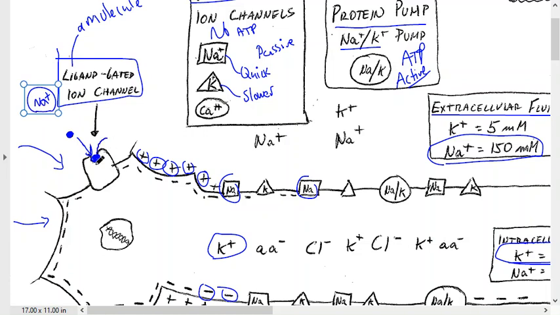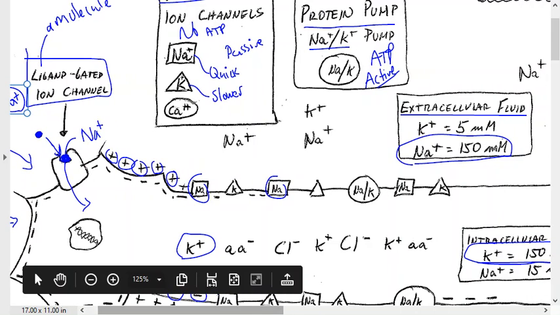So when this opens, sodium, which is a positively charged ion that is in high concentration outside the cell, remember, high concentration outside the cell, low concentration inside, is going to diffuse down its concentration gradient from a high to a low concentration into the cell.